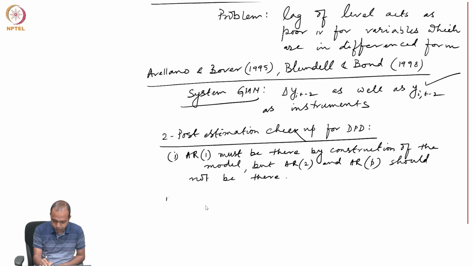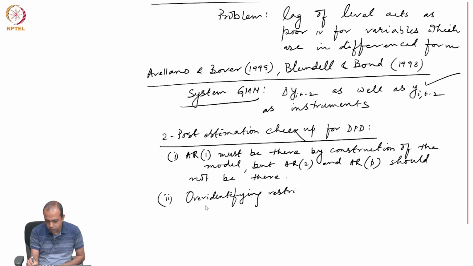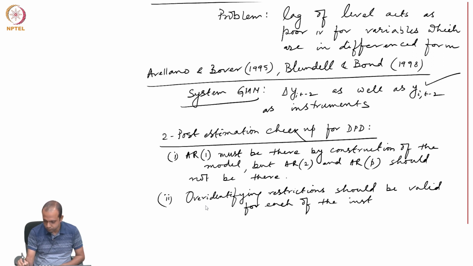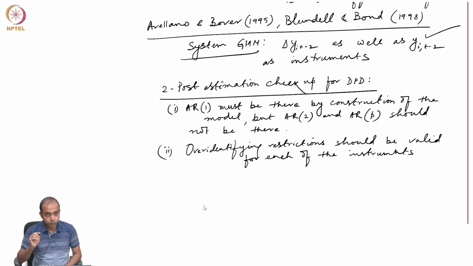And second one is, since there are too many instruments used in the estimation of a dynamic panel data model, we must check that over identifying restrictions should be valid for each of the instruments. So, these are the two post estimation checkups.